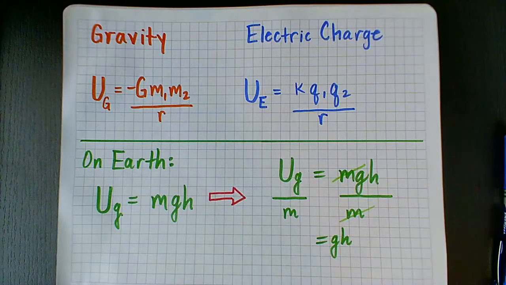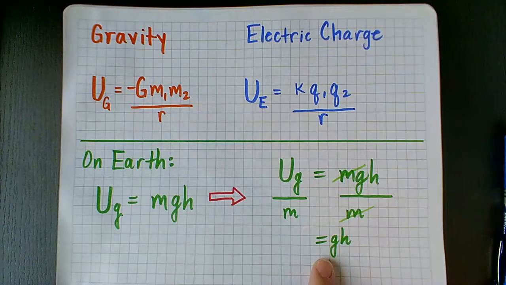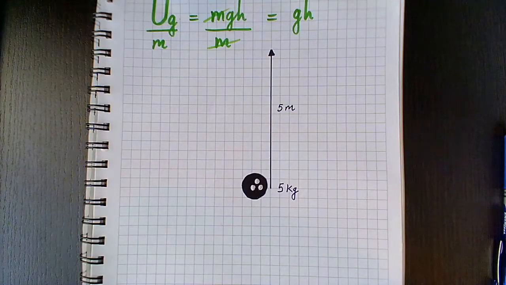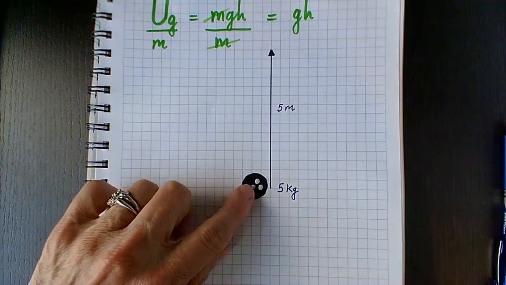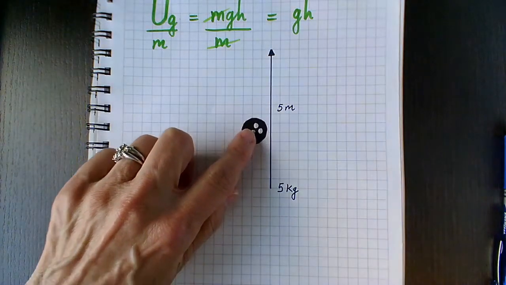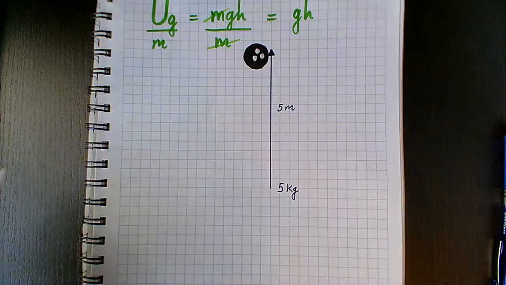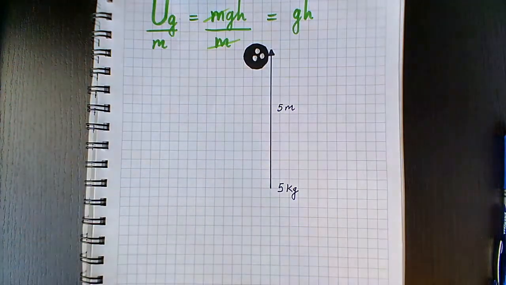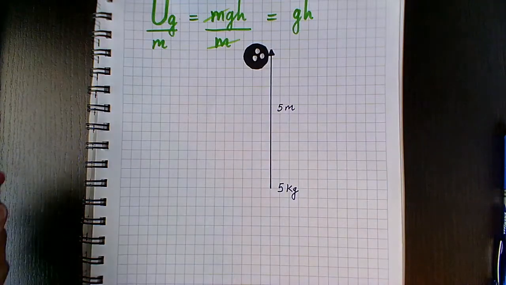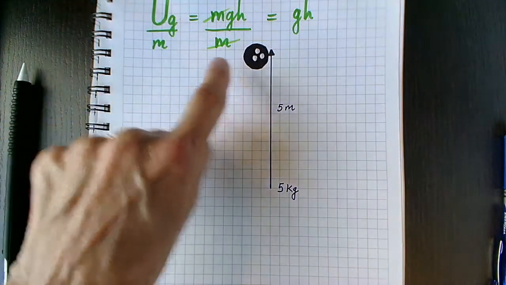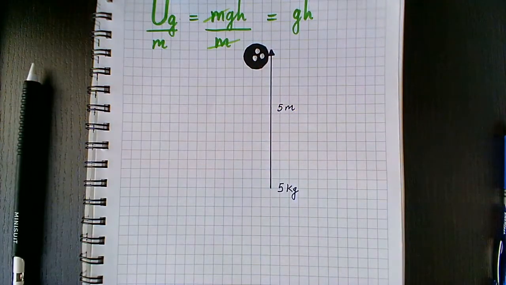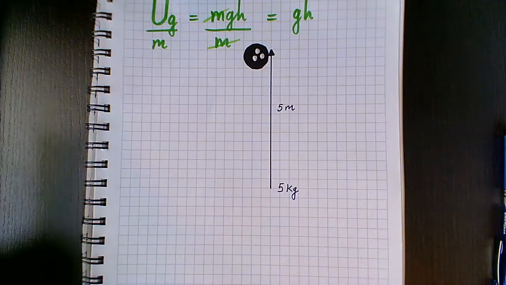But what if we wanted to know a more general idea of mass potential or gravitational potential? So instead of thinking of only moving the bowling ball and having its height change by 5 meters, to calculate the bowling ball's change in gravitational potential energy, by dividing out the mass and just ending up with gh, we get a general expression for potential that does not depend on the object.